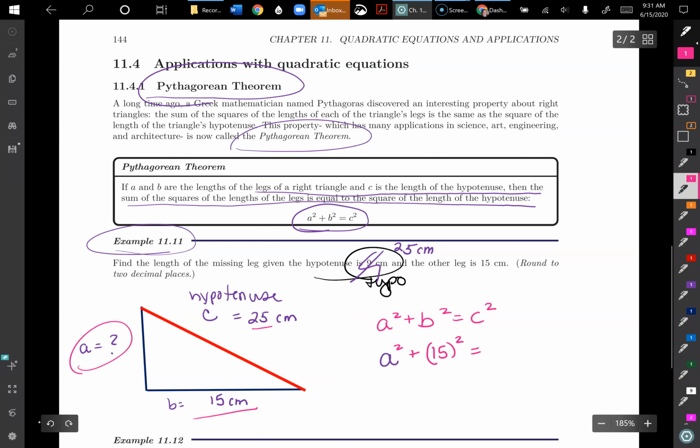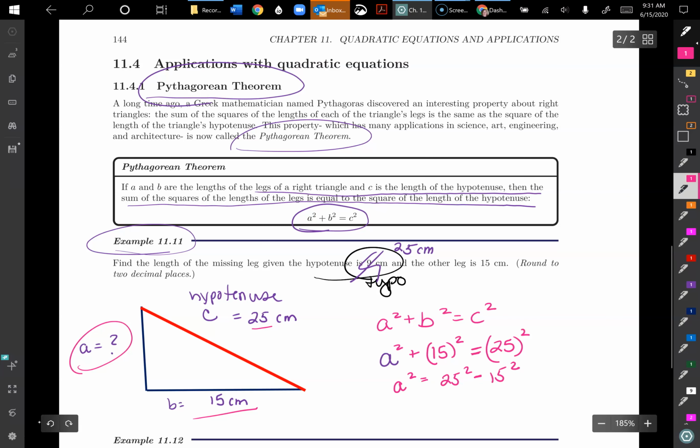And then 25 squared is my C on the right hand side. So I have to calculate these out. I can actually just rewrite this as A squared equals 25 squared minus 15 squared.